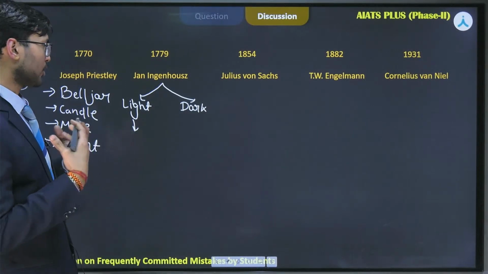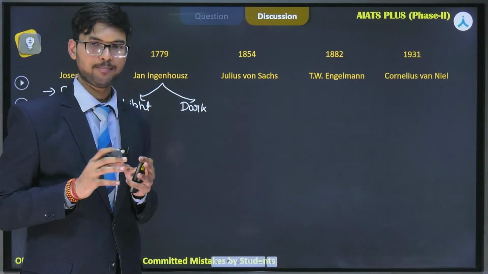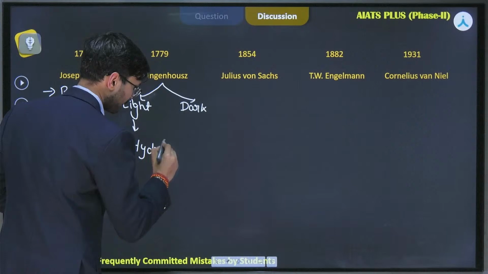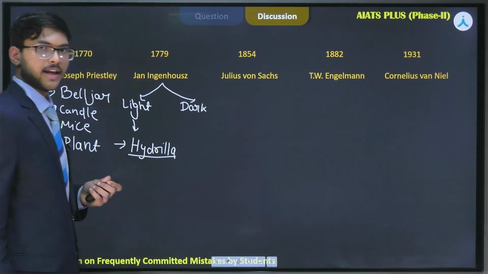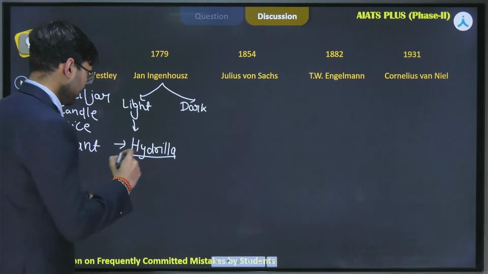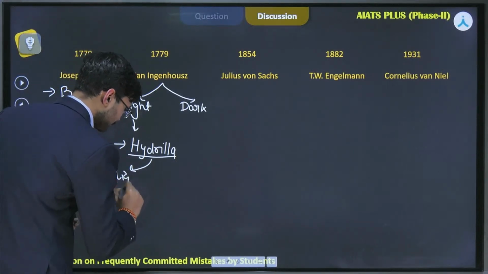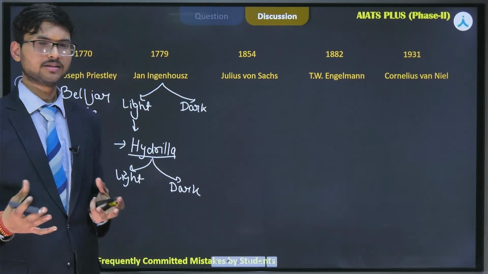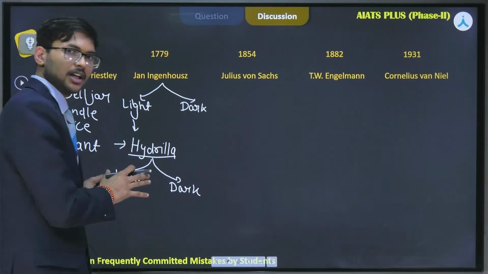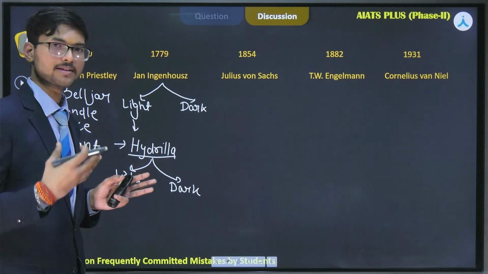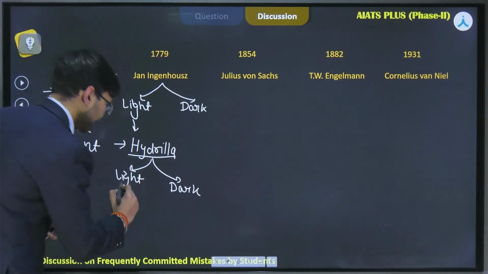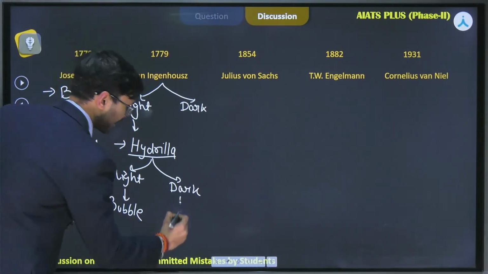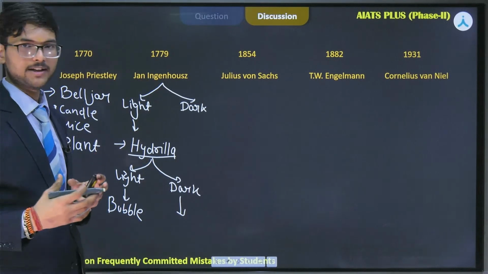To make a logical explanation, he used an aquatic plant, which is hydrilla. He kept the aquatic plant in the light condition and in the dark condition. He was very much intrigued why in the light condition the green parts of the hydrilla were releasing bubbles in the water, while in the dark condition no such bubbles were produced by the plant.